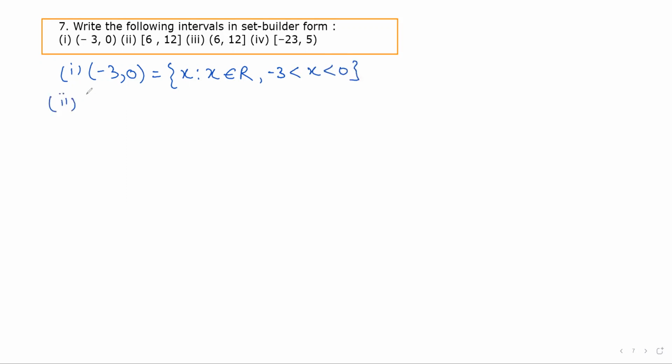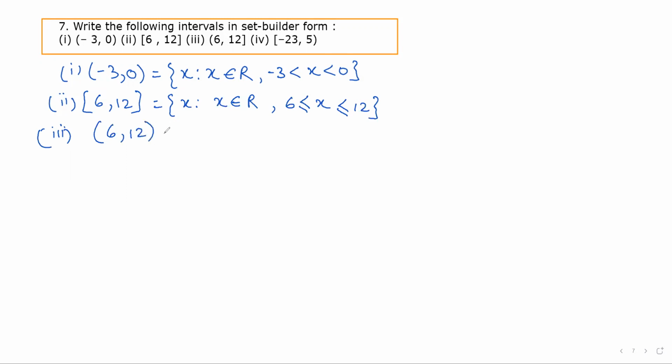Second, square bracket 6, 12 is a set of all x such that x belongs to R, 6 less than equals to x less than equals to 12. Third, round bracket 6, 12 means set of all x such that x belongs to R, 6 less than x less than equals to 12.